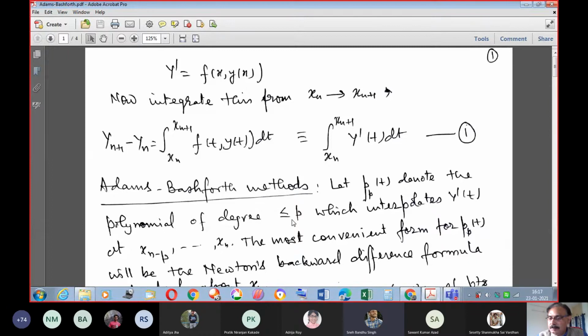That p plus 1 unknown comes when the highest degree of the polynomial is p. If it is greater than p, then there are more unknowns, greater than p plus 1. If that many points are not available, we can't find all the unknowns. That's why the maximum polynomial degree which comes out is p.